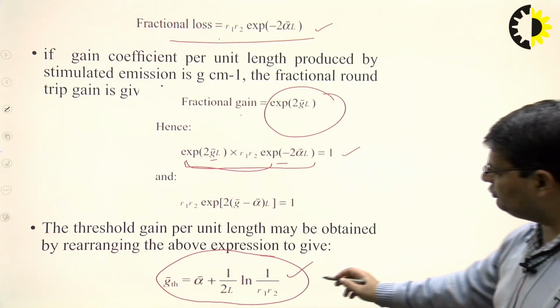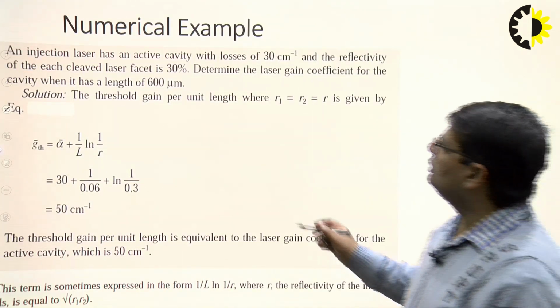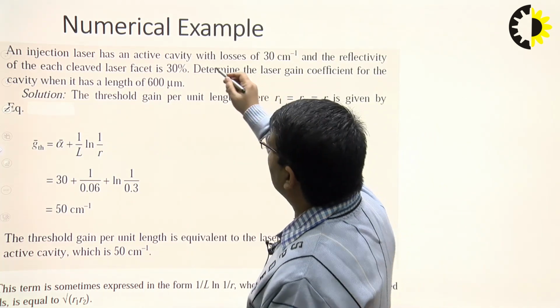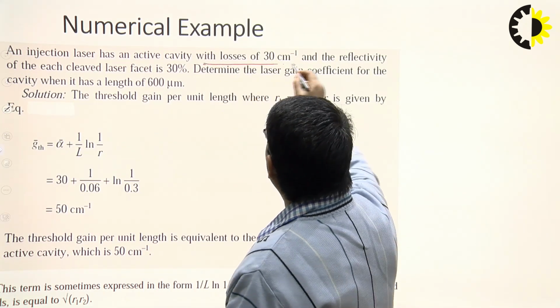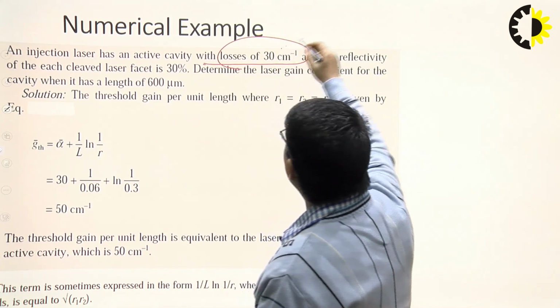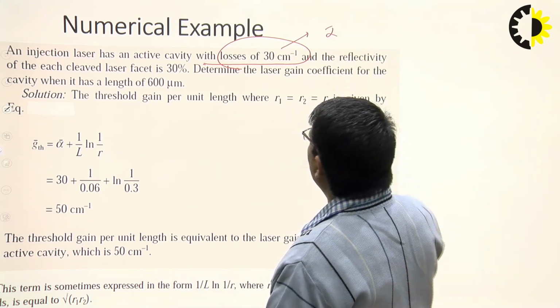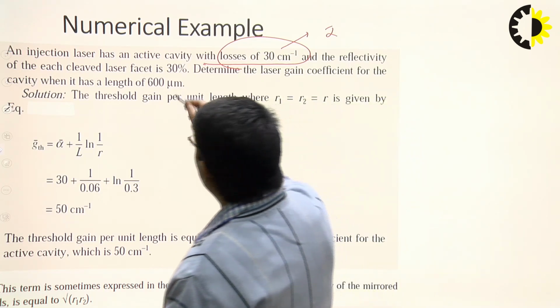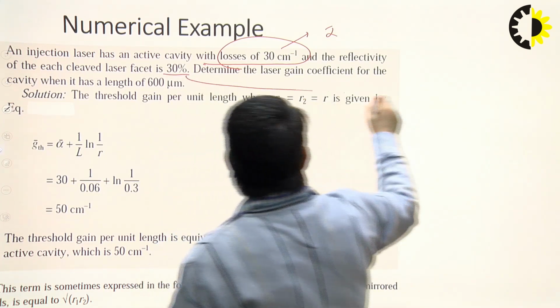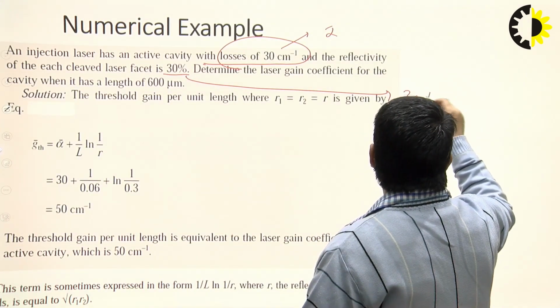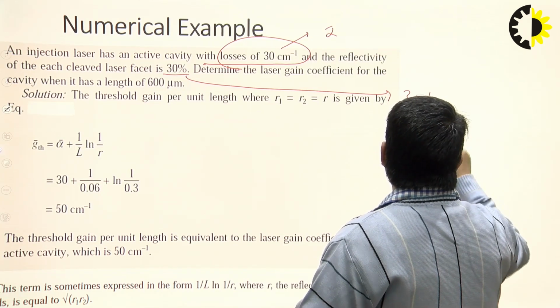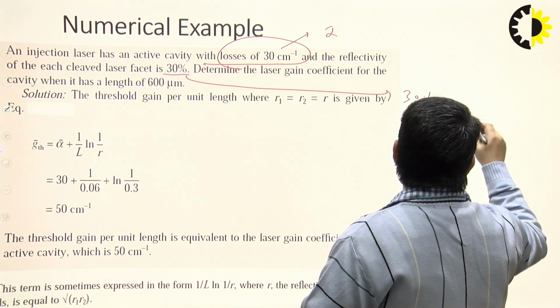Based upon this formula we can have a numerical. We have an active cavity with losses, that means the transmission loss alpha bar is given. Then we have the reflectivity as 30%, so it is 30 by 100, that is 0.3.